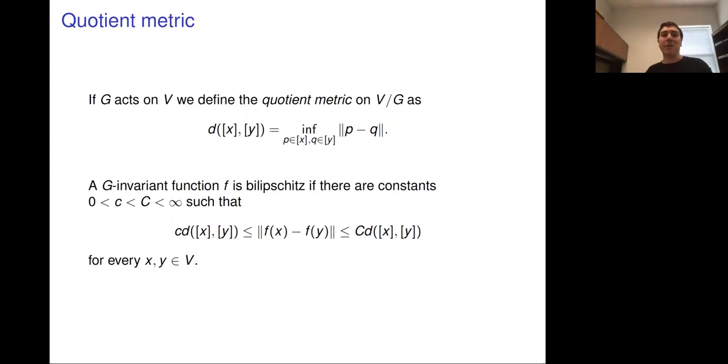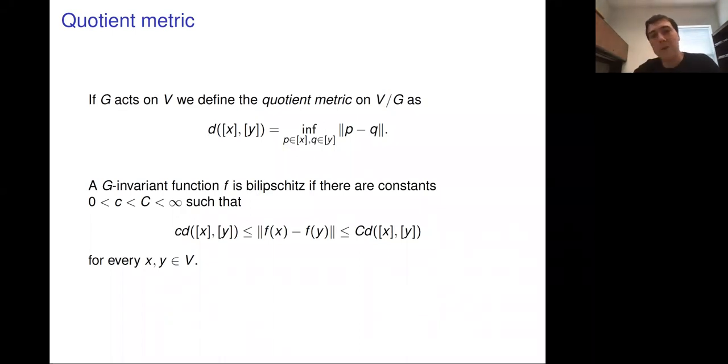There are cases where this does not define a metric. That's another subtlety I'm going to ignore, because in the cases I'm going to talk about, this is always in fact a metric, and that will be the metric we use.